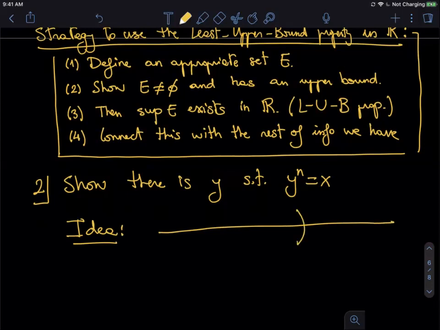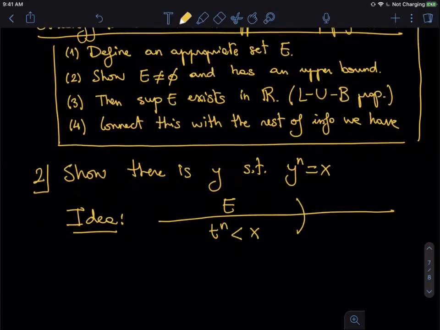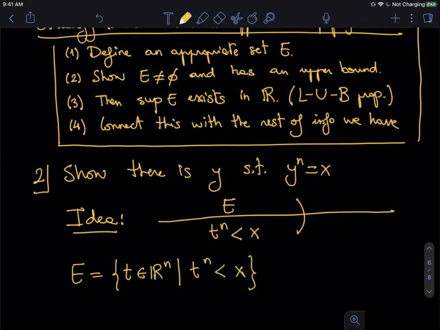Let's say we have here the set E of the numbers such that when we raise them to the power n, we fall short of x. They are less than x. So let's define that properly. That will be step one of the strategy. E is the set of positive numbers, positive because we want them to be a root, such that t to the n is less than x.